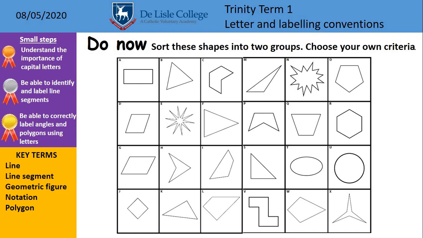Okay, so looking at this first do now task, perhaps you'll split them into quadrilaterals, so 4-sided shapes and non-4-sided shapes. You may have gone with some polygons and then non-polygons. So a polygon being a well, actually, we'll give a definition for that a little bit later on for those of you who aren't too sure already on that, but some of you may know already, and then you can always flick back and have a go at that once you understand that.